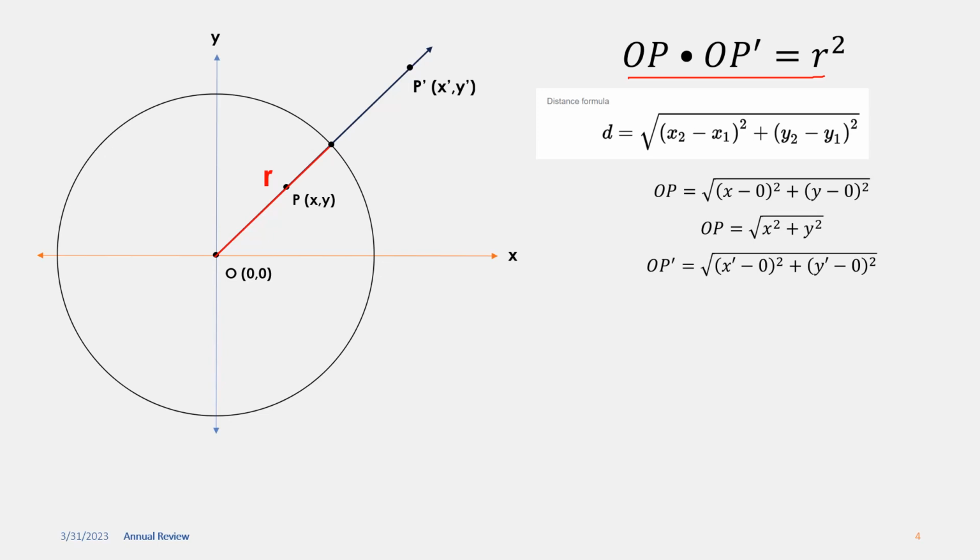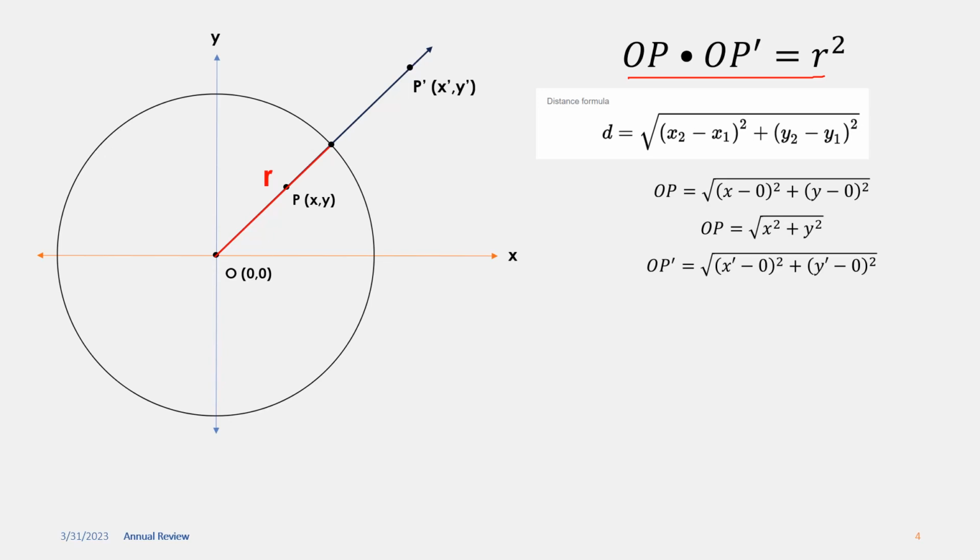In this case, our x sub 1 will be 0, since we are pointing to the point O, our center of inversion. Now, our x sub 2 is x, the coordinate of P, and the same thing, our y sub 1 is 0, and our y sub 2 is y.